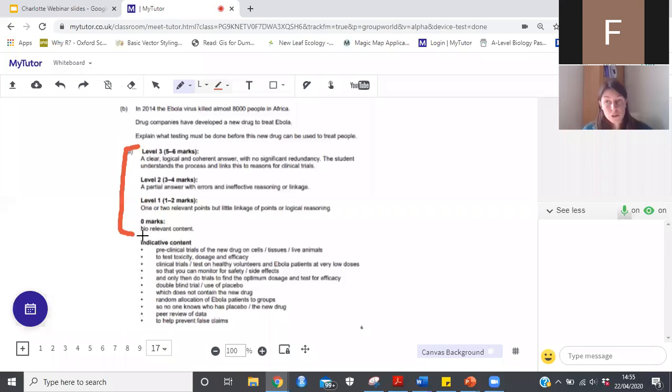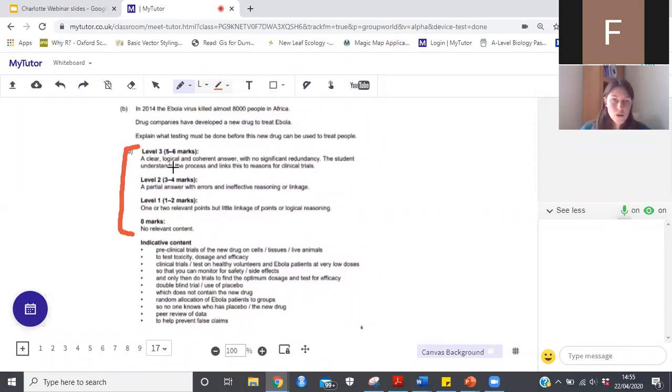For 0 marks, you could write no relevant content or not answer the question at all. For level 1, which is 1 to 2 marks, you can make 1 or 2 relevant points, but little linkage of points or logical reasoning between them. So they're looking for you to write a very short essay about this, making sure that you link your sentences and your explanations.